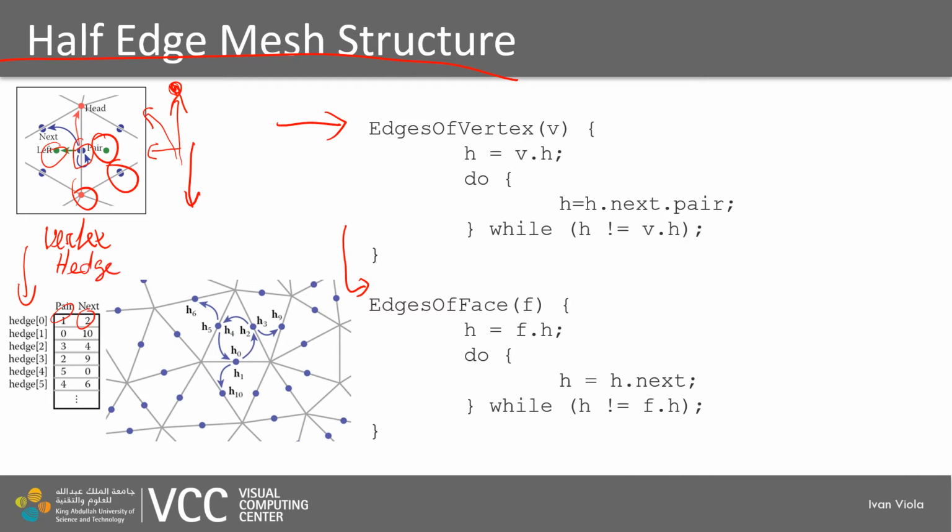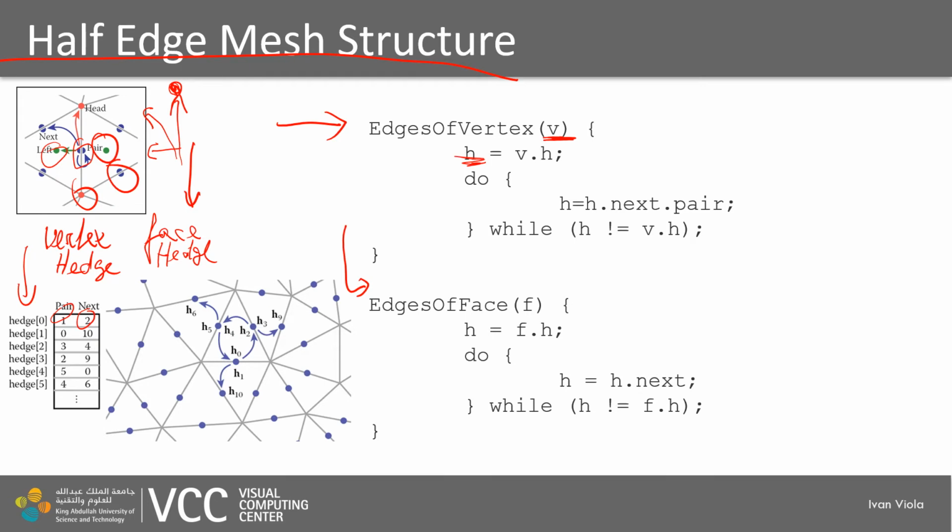And we will also have the face structure, which will be containing one of the half edges which constitutes this face. And now, for a particular vertex we are interested in, we can find out what is its half edge, because it's stored there.